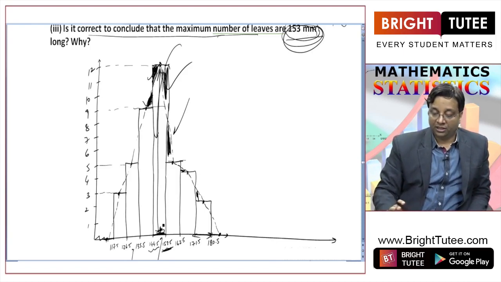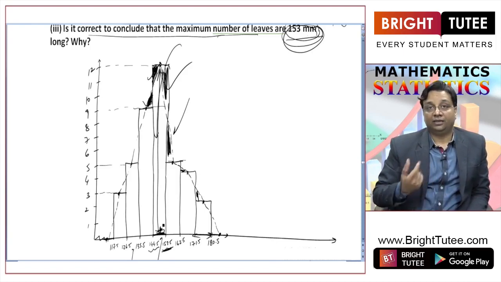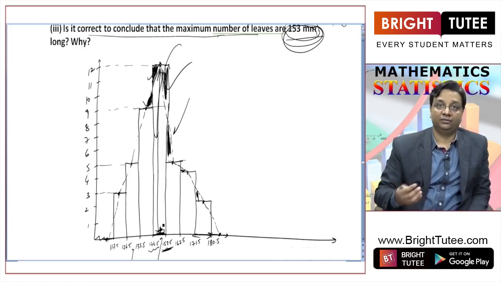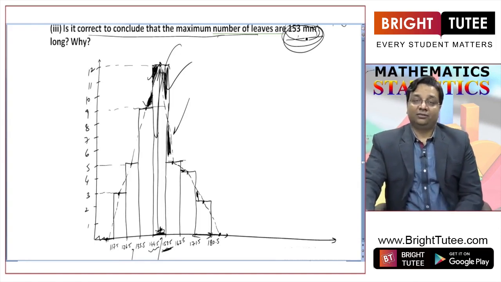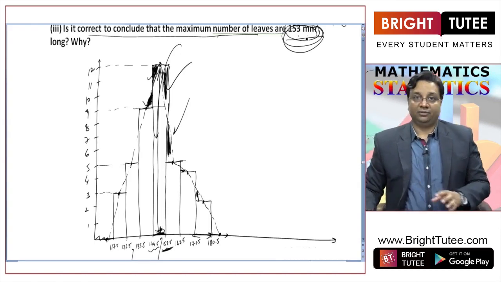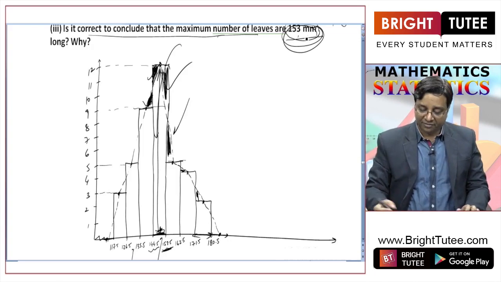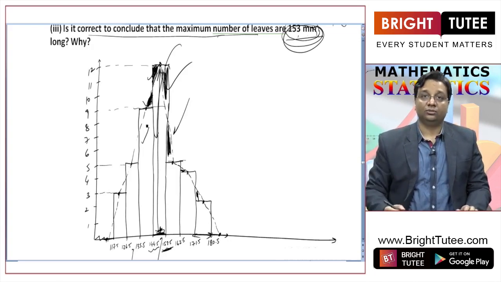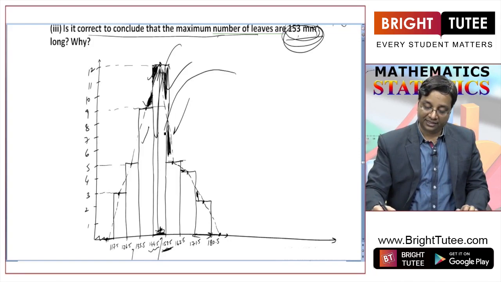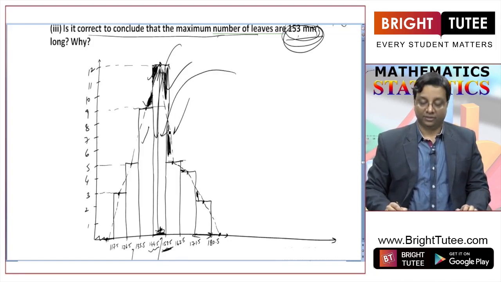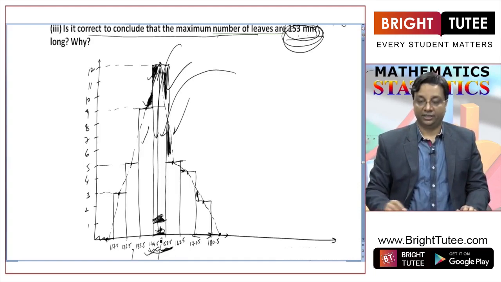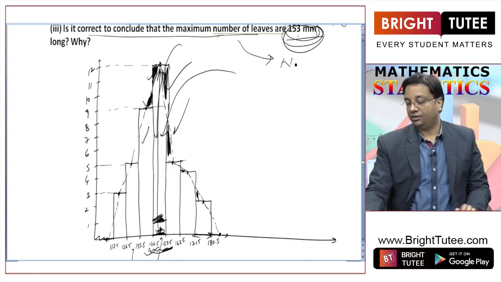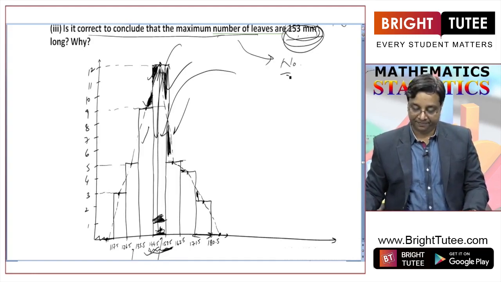Okay, and if you want to find the length of the maximum number of leaves, it may be there in this class also. It is not necessary that it lies in this class, okay, because this is an interval in which all these lengths are there. Okay, so the answer to this question is no.